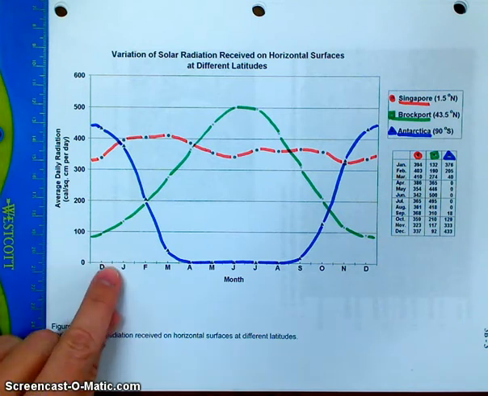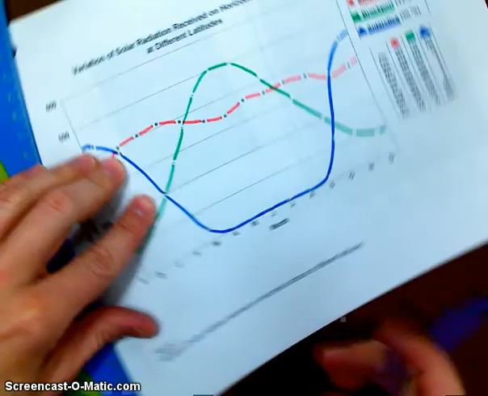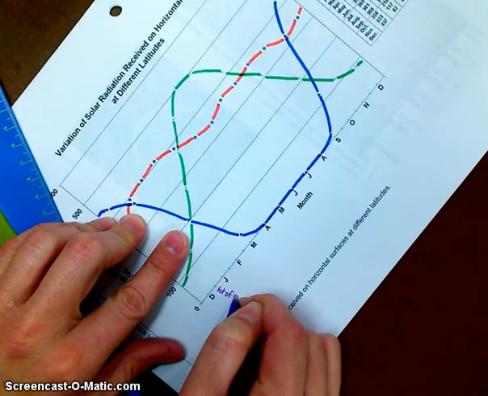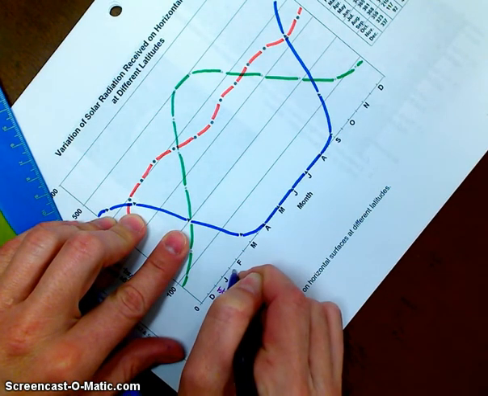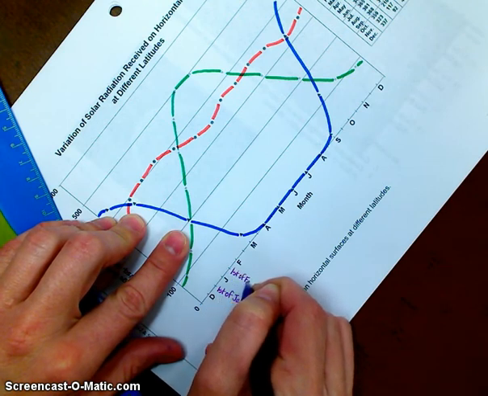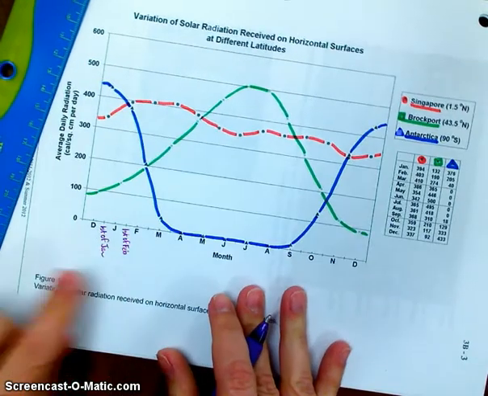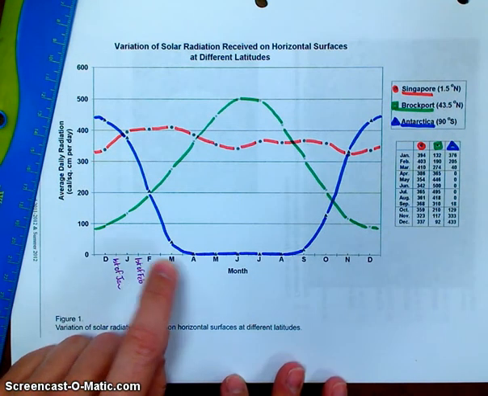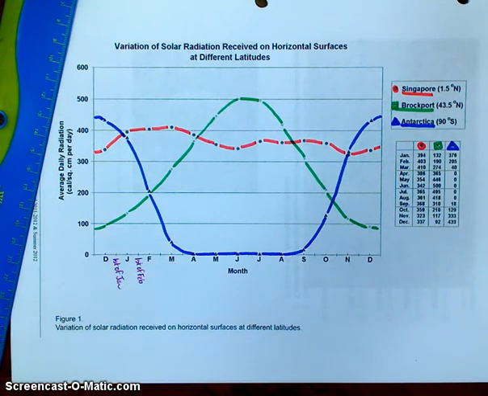Okay, so this would be the 1st of January. This is the 1st of February, etc. So where the J is, that's mid-January. Where the F is, mid-February, mid-March, etc.